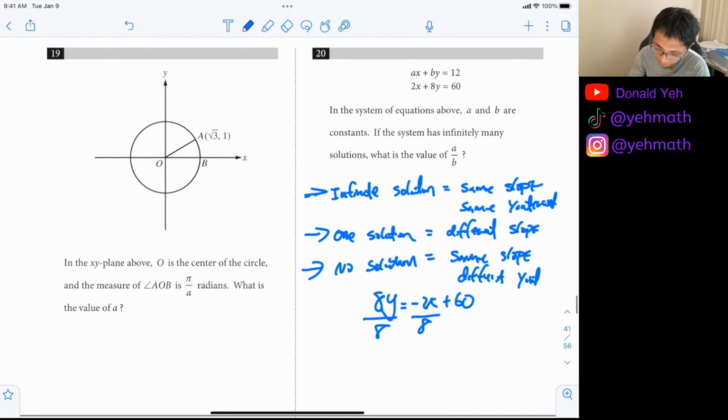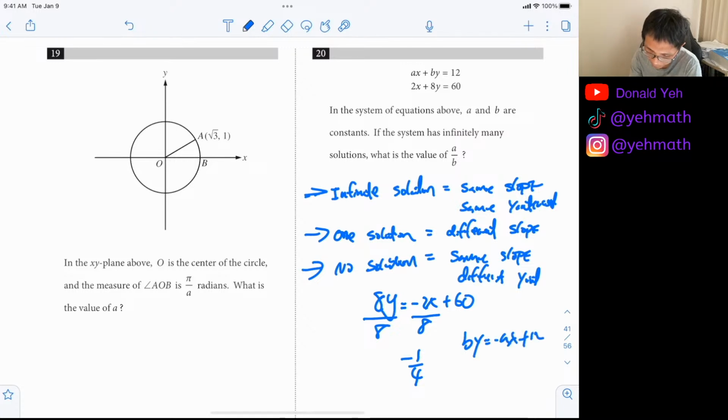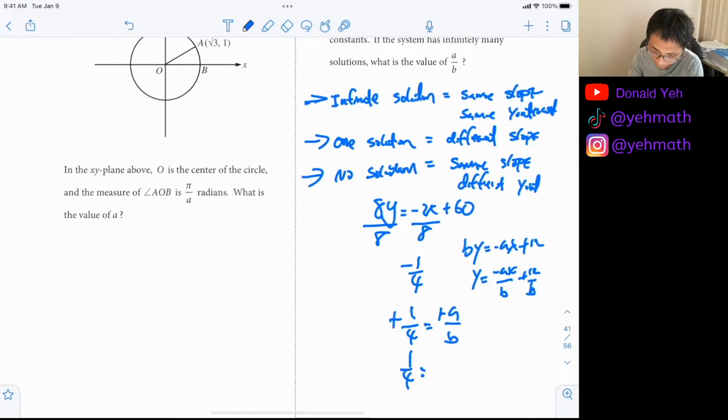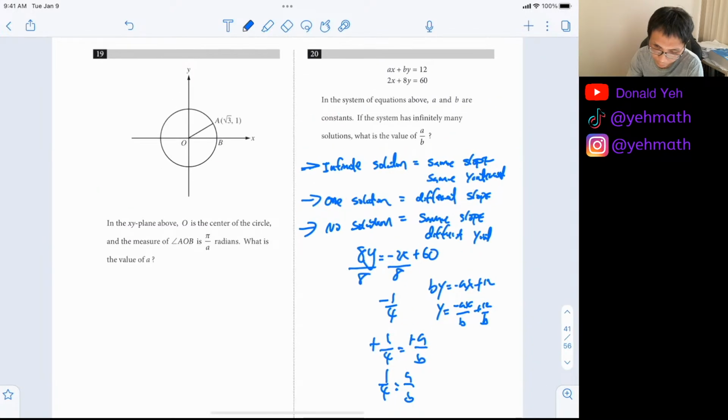That's going to give you negative 1/4 here. So that's negative 1/4 equal to negative ax plus 12, and y equal to negative ax over b. Positive 1/4 is equal to a over b. So that's how you figure out equations.